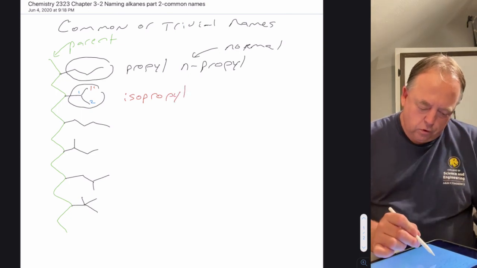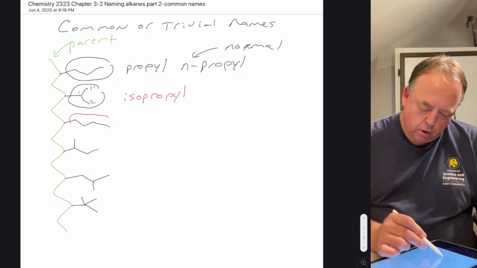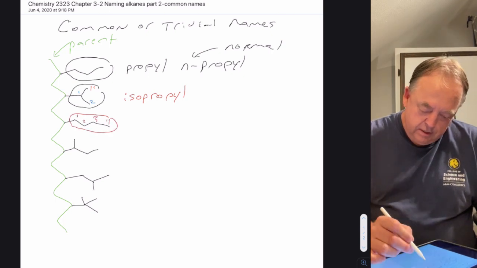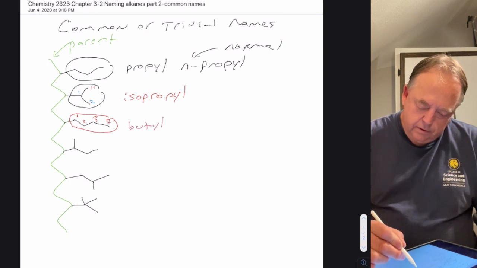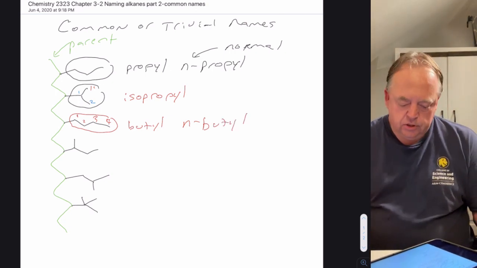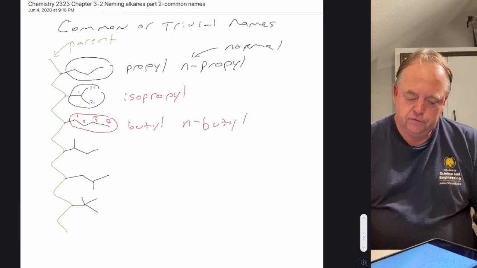Okay, if you have 4 carbons, you could have 4 carbons in a straight chain off of the parent, so 1, 2, 3, 4, and then that would be butyl, or maybe you see it called N-butyl sometimes. So if you had 4 carbons, there's 3 other ways that you could arrange those 4 carbons.